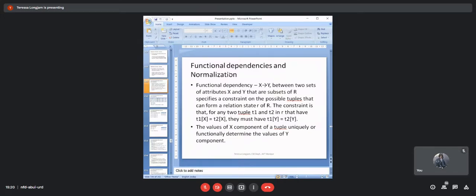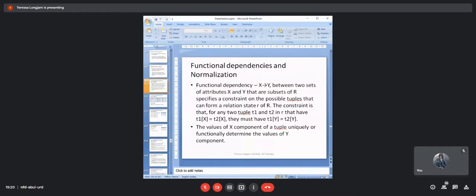So normalization is the process of making your design from a wrong design to a correct design. If you're not sure about your design, then you can use the method of normalization in order to make it a correct design. So that is why we need to learn normalization.